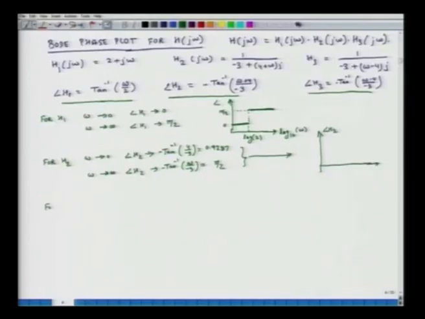On the horizontal axis I am plotting log of omega in base 10, and this is my low frequency asymptote. The crossover point is log of 0.2, and my high frequency asymptote is once again a constant line, and the y intercept value is pi over 2.